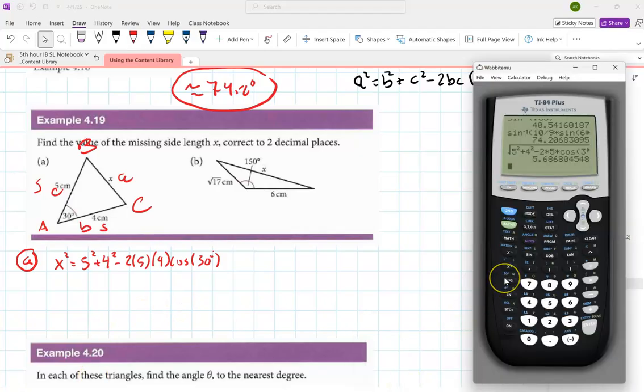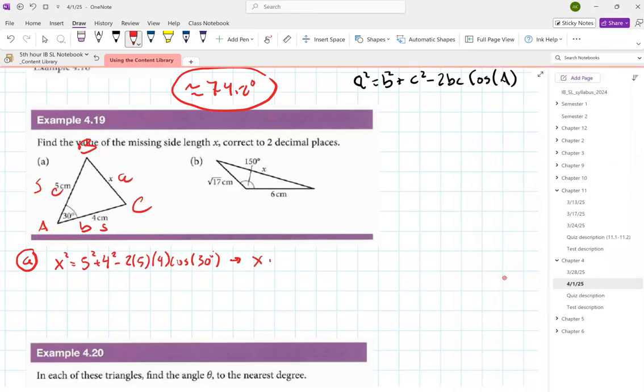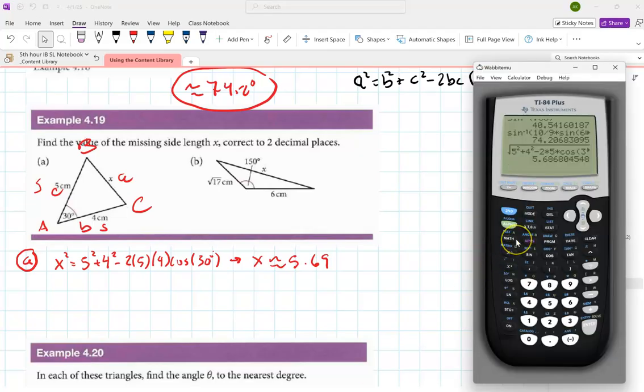So we did all that, and we get then that x is 5.69. Oh, no, it's not.